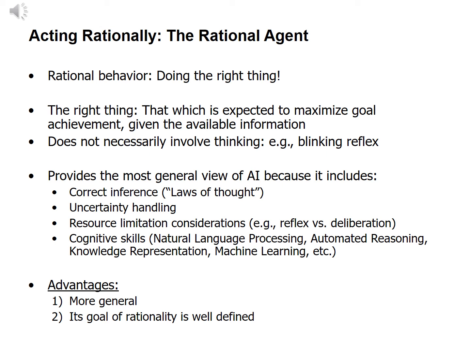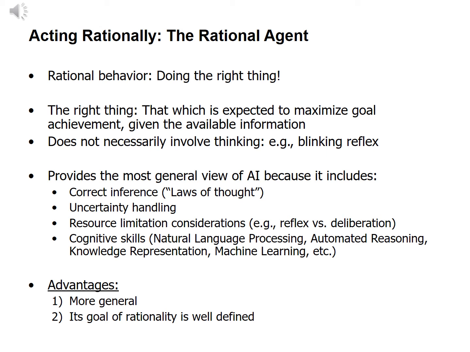Agents can operate autonomously, they can perceive their environment, they can persist over a prolonged period of time, they adapt to change, and create and pursue goals. So an agent is one of the main concepts of artificial intelligence. And the rational agent basically does all of these things, but maximizing its utility. Usually it is a utility function.